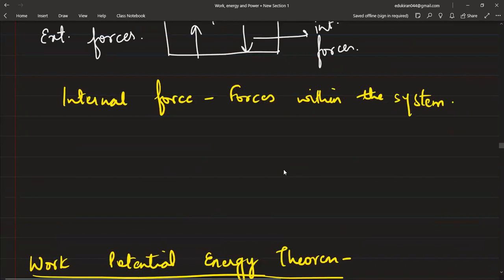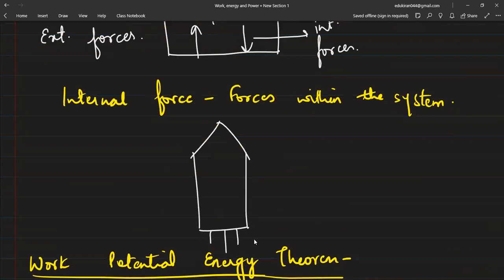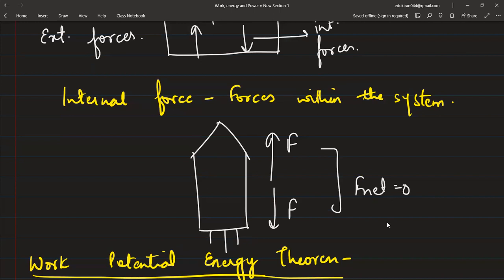So internal forces are forces within the system. And one more example which I had given earlier, suppose a rocket is there and the exhaust is being ejected. The force that is being applied within this rocket and exhaust system is the internal force. And suppose the force above and the force below cancel each other and the net force is zero. Then we say it is an isolated system.